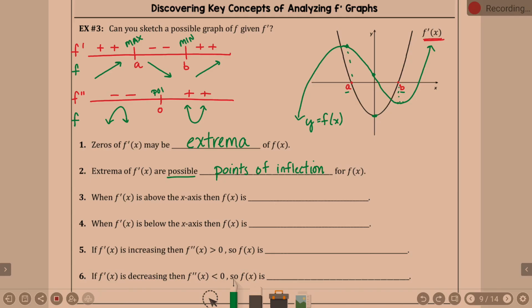When the derivative is above the x-axis, so when the derivative was positive, f of x is increasing. When f prime of x is below the x-axis, then f of x is decreasing.